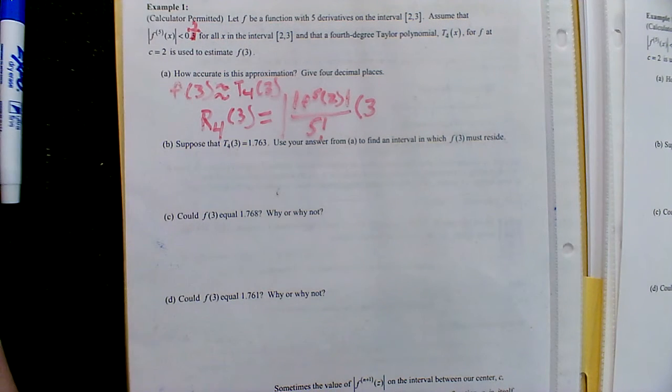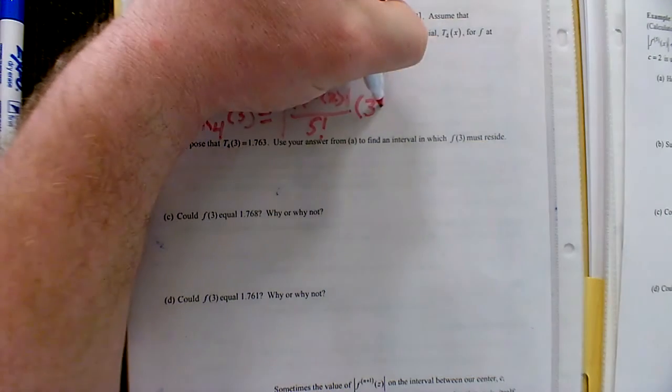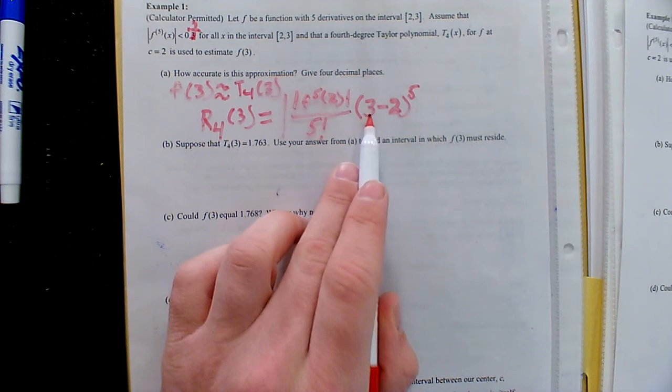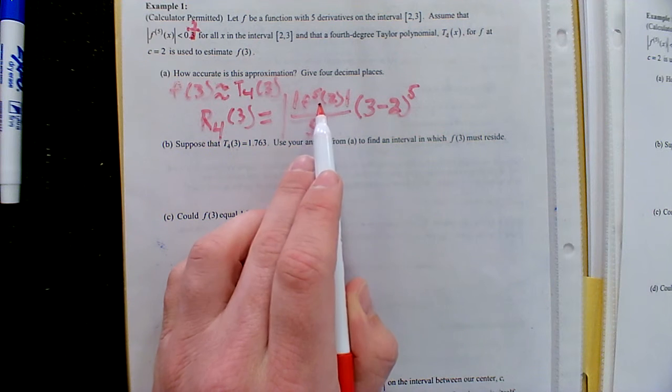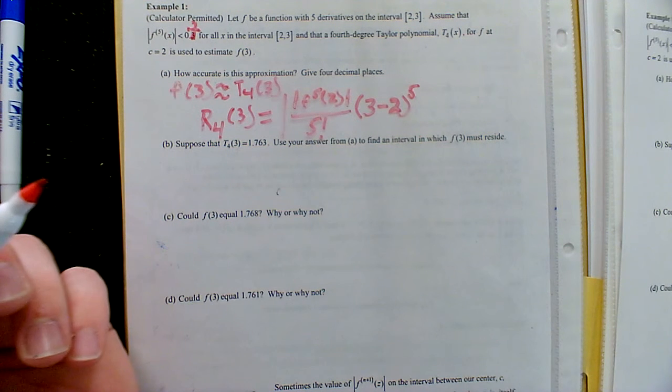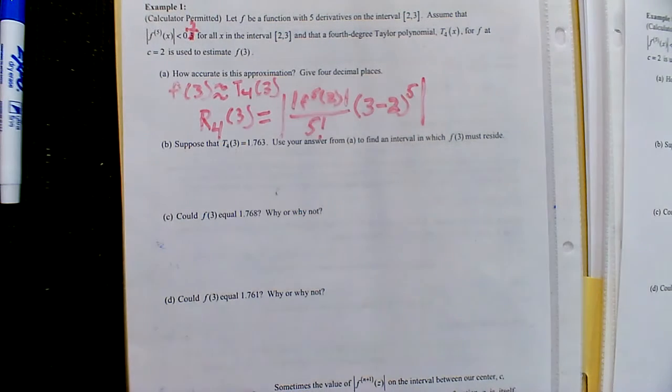They told us the center is c equals 2, so minus 2 to the 5th power. Again, we have that formula that's similar to the Taylor series, but we actually know what the x value is, and this is the n plus 1 derivative, not the nth derivative. And again, it's the absolute value of all that.